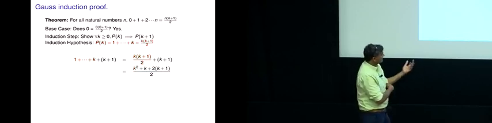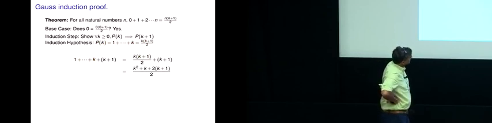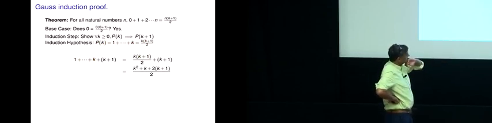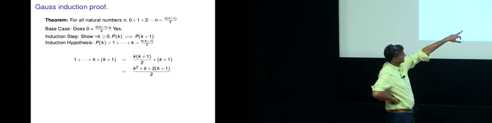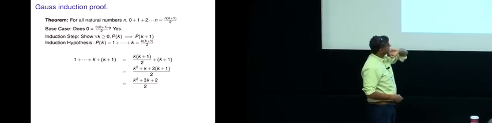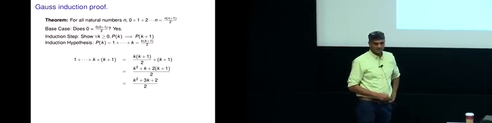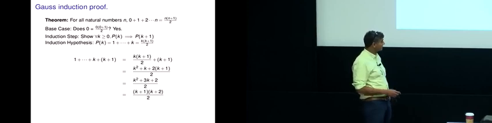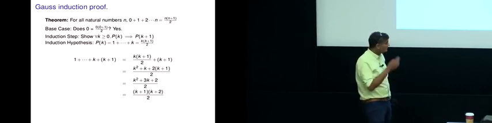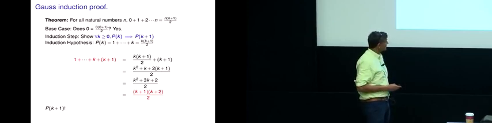Okay, so now I'm doing algebra. Getting a common denominator and multiplying the k plus 1 times 2 over 2. And then I collect up the terms. What can I do now? I can factor, right? And so you get this.